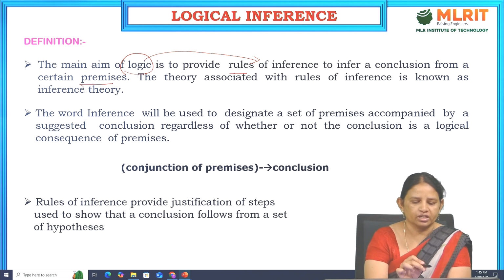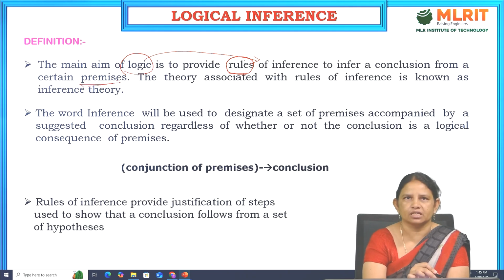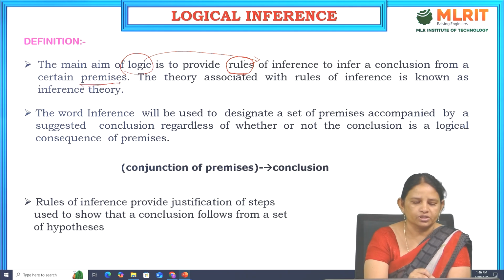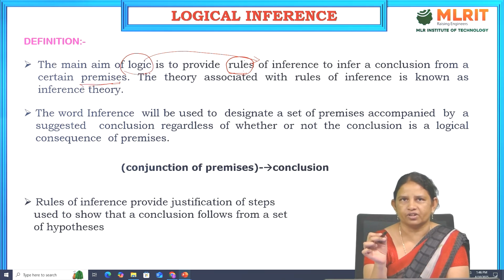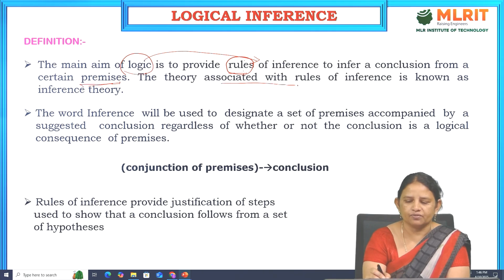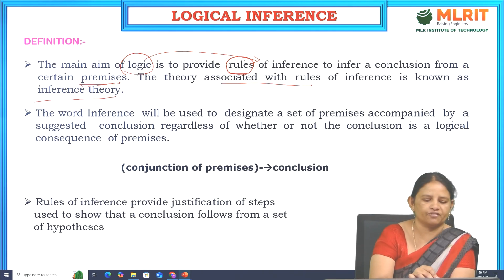These set of rules are called premises. These set of premises can be applied to derive the conclusion. Then the logic is said to be logical inference. The theory associated with the set of premises or rules of inference is called inference theory.